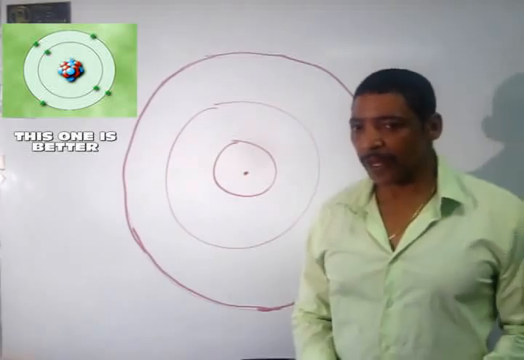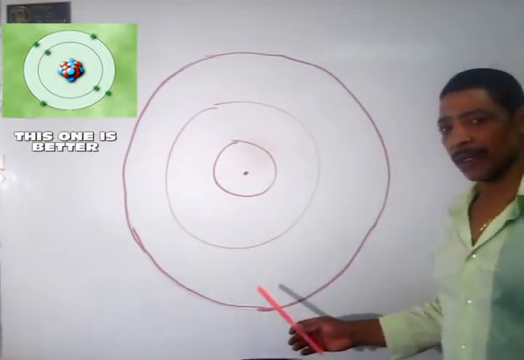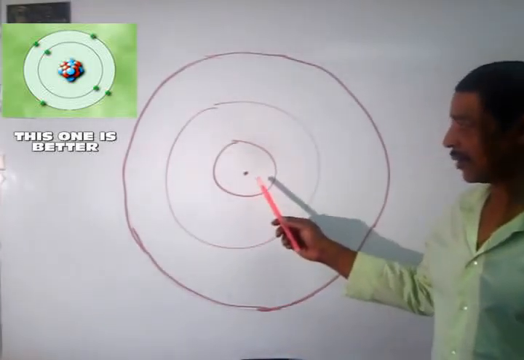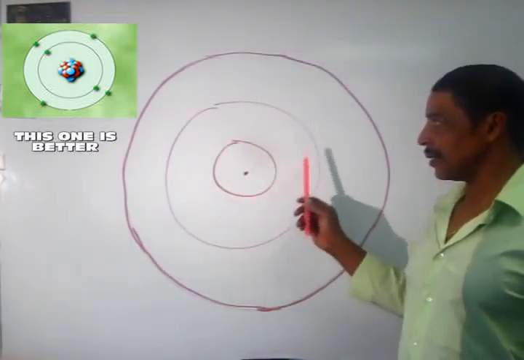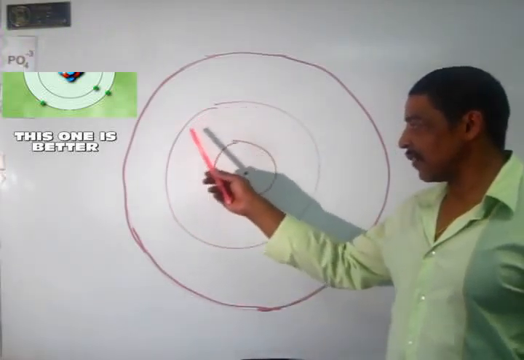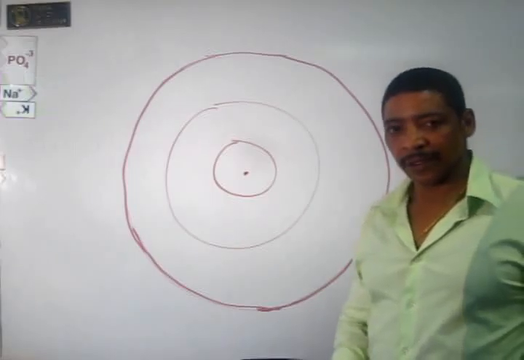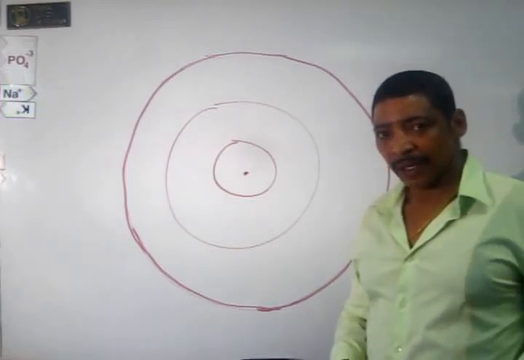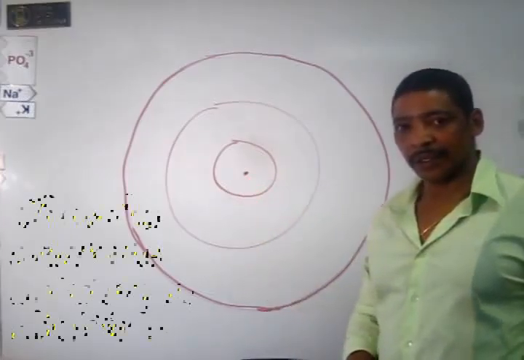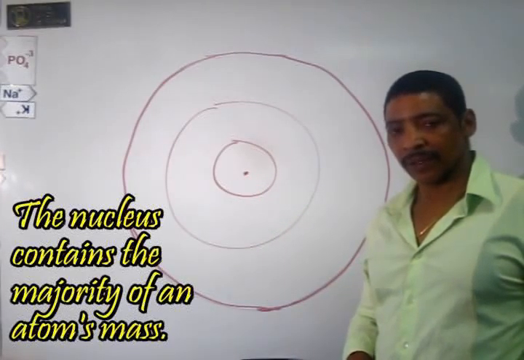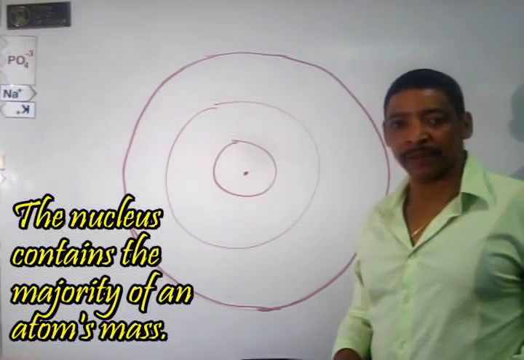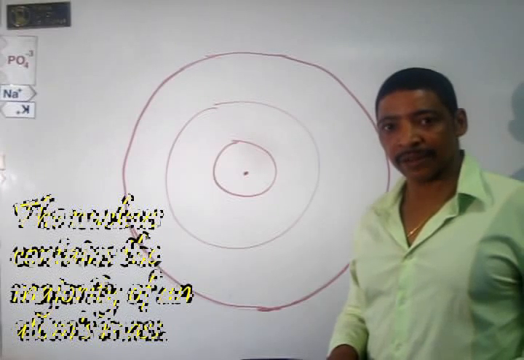This is a simplified example of a Bohr model, where a Bohr model contains a central nucleus surrounded by energy levels. These energy levels represent the location of the electrons, and of course the nucleus represents the location of the protons and neutrons, and therefore by default the location of the majority of the atom's mass.